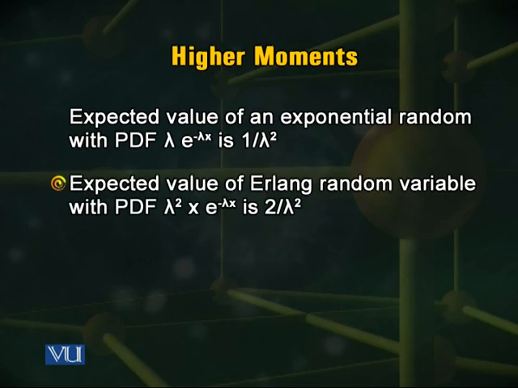Similarly, for an Erlang type random variable which has a PDF of lambda squared x e raised to power minus lambda x, the variance comes out to be 2 over lambda squared.